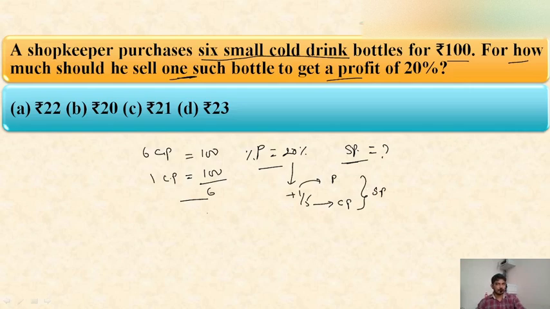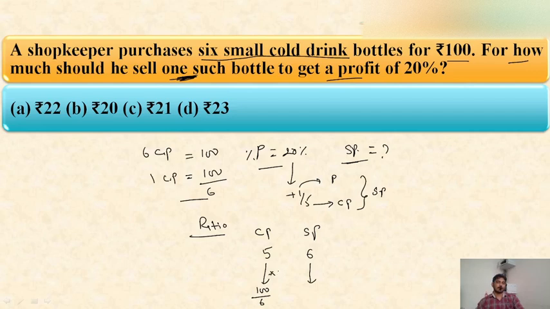So if we go with the ratio method, the cost price is 5 parts and the selling price will become 6 parts. This 5 parts value is given as 100 divided by 6, because we are considering only one such bottle's cost here. So one such bottle's cost price will be 100 divided by 6, and if we do this, what will it become?